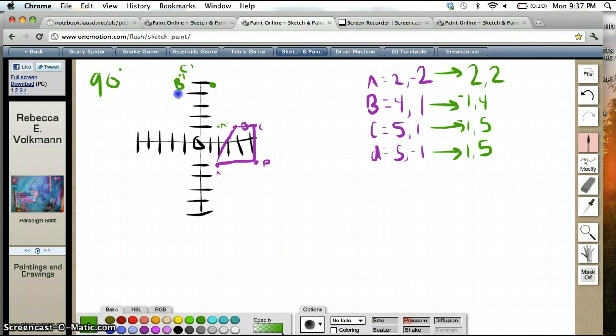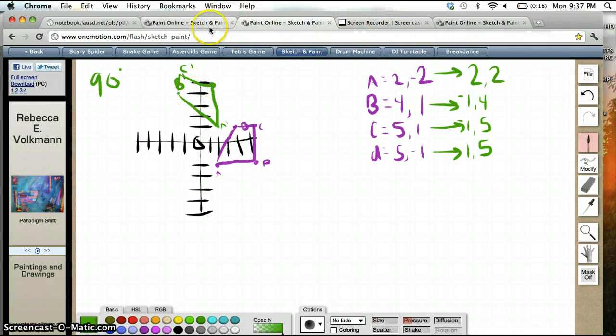So let's go ahead and draw our new figure. And thus we rotated our figure 90 degrees counterclockwise.